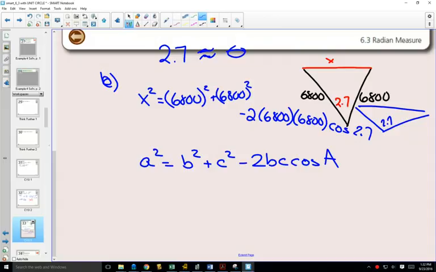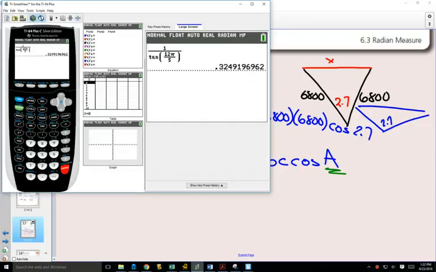We notice in the formula that whatever angle we're trying to find, or whatever angle we know, is exactly opposite of the side that you're trying to find or the side that you know. And we can type this all into our calculator all at once, which is really nice. So my calculator is in radians.